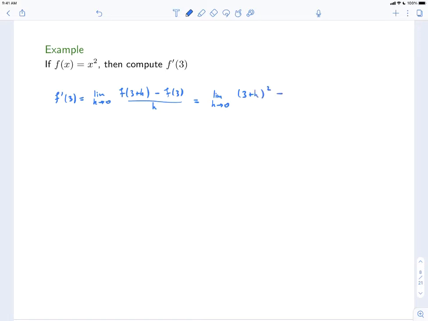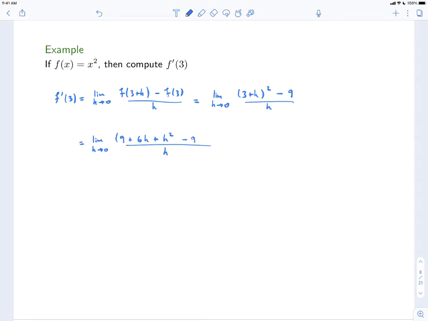Minus f at 3, that's just the square of 3, which is 9, divided by h. The next step is to multiply out this 3 plus h quantity squared. So we have the limit as h goes to 0 of 3 squared is 9 plus 2 times 3 times h plus h squared. And from this we subtract 9.